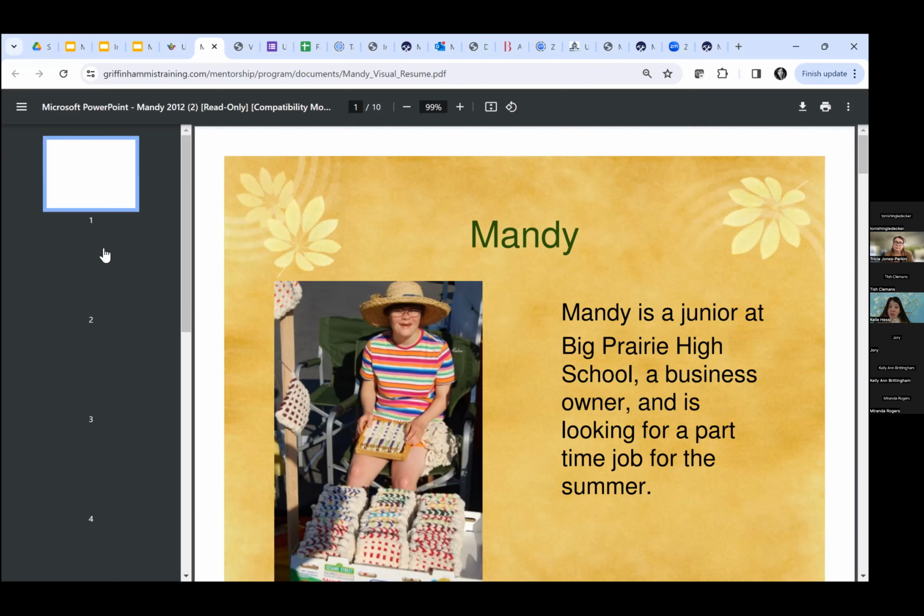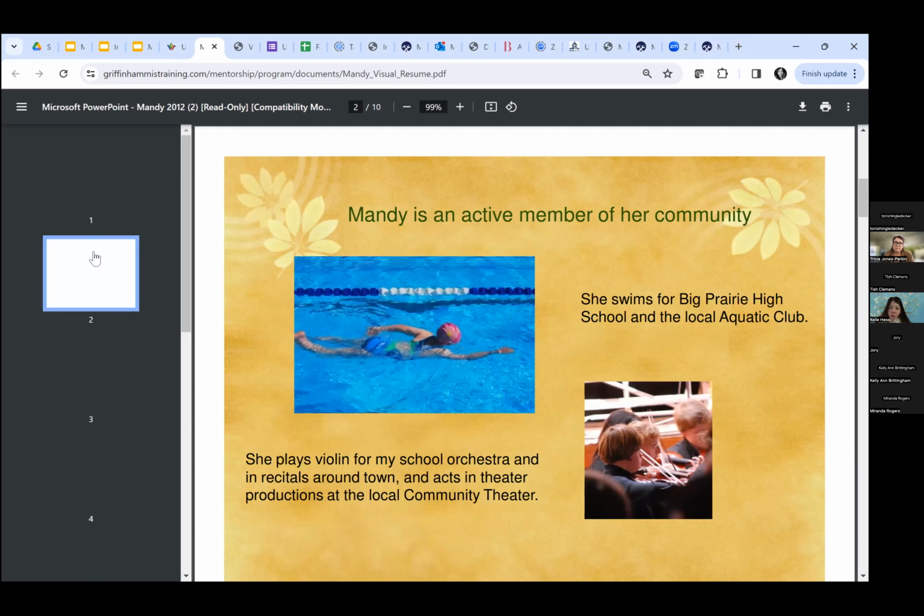But so this is just Mandy. She does a lot, so hers is very robust, but it talks about her participation in the community. She's on the swim team and plays violin.